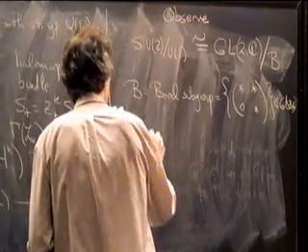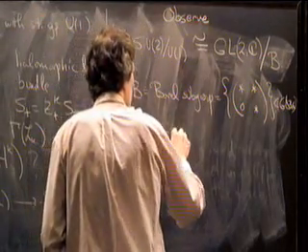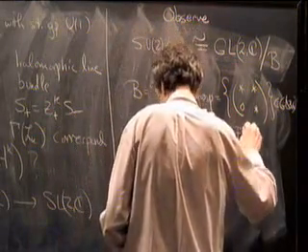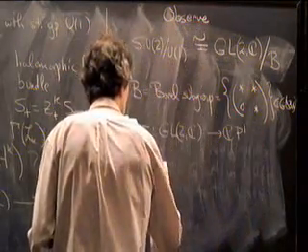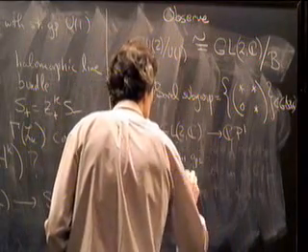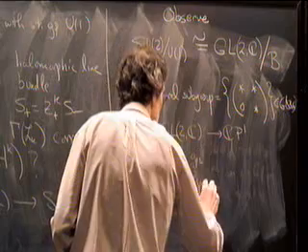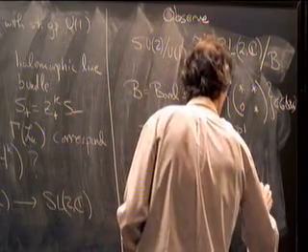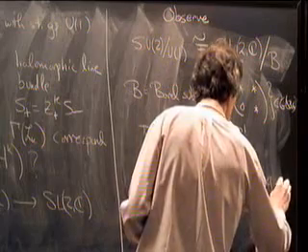Indeed, I could define a projection from GL2C to CP1 by taking some matrix that looks like this, g11, g12, g21, g22, and I could map it to g11 colon g21.